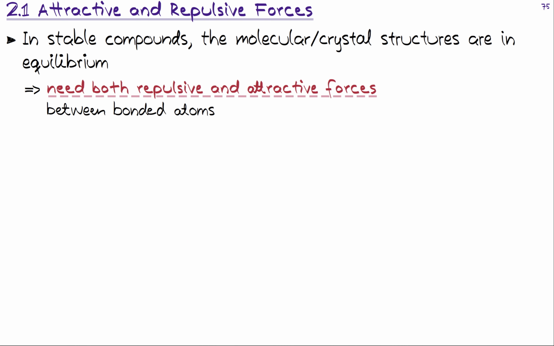If there were no attractive forces, there would not be any mechanism that would give rise to a solid. And if there were no repulsive forces, then at some point the atoms would just come together endlessly and form a black hole or something.